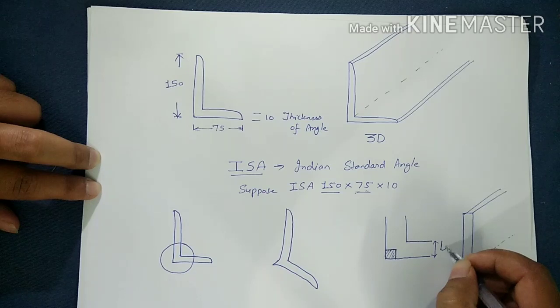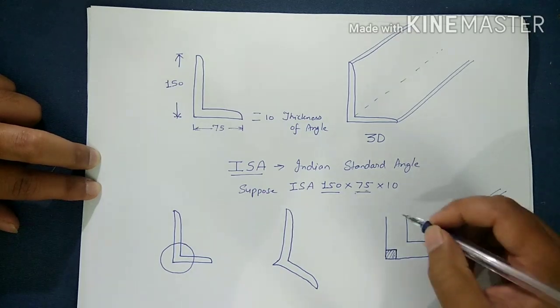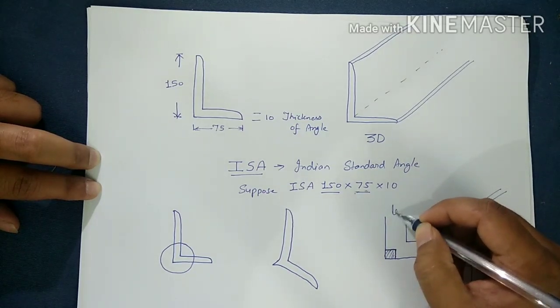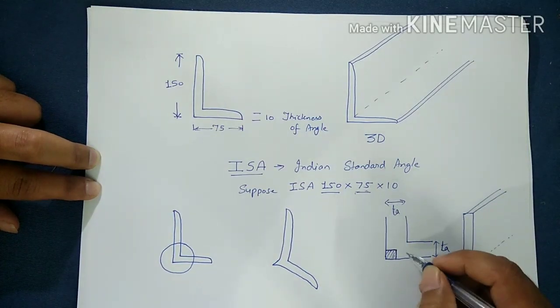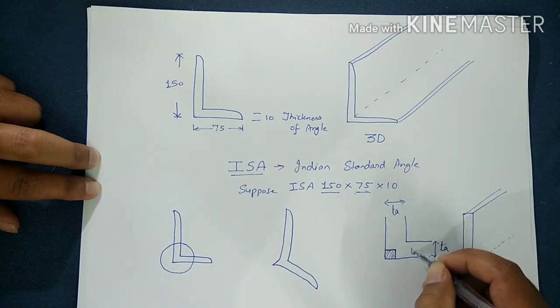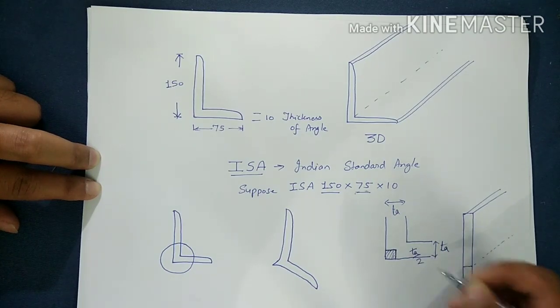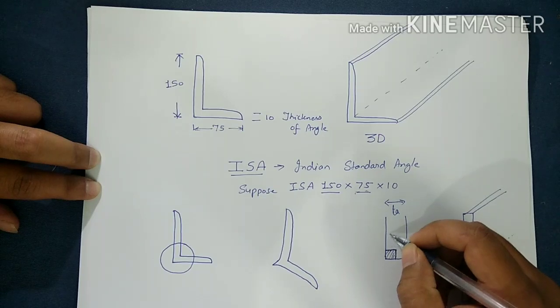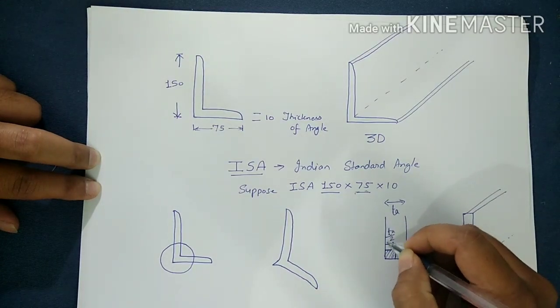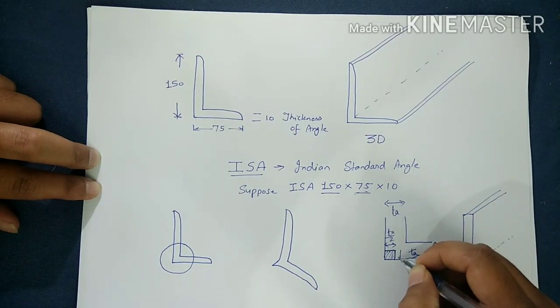So if this is the thickness of angle, and again this is the thickness of angle TA, this part is TA by 2, that is half of the thickness, and this part is TA by 2.